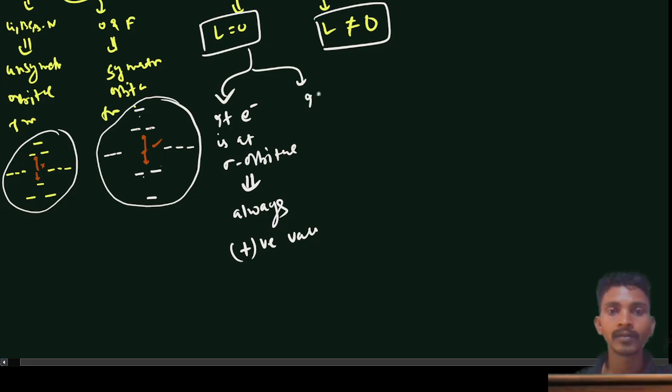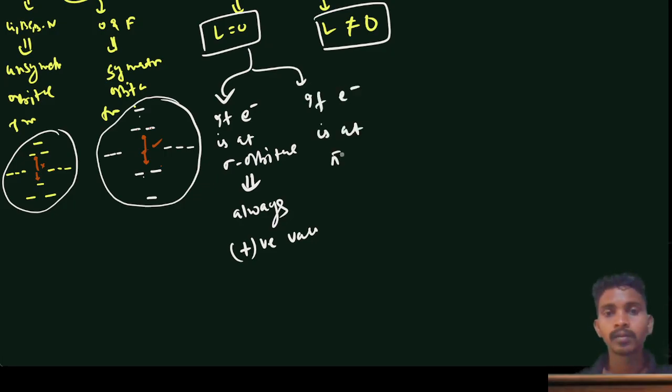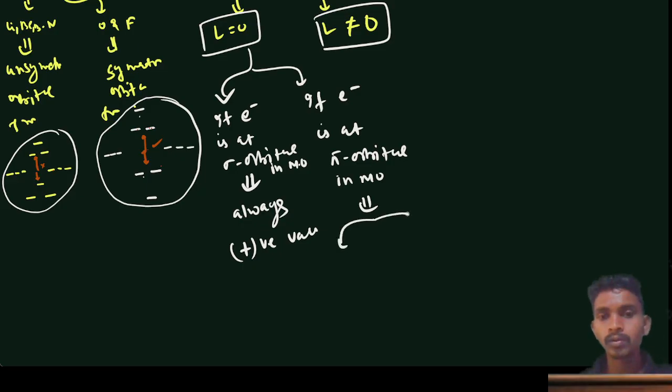And if the electrons are in pi orbitals in MO, then we will go for two conditions.